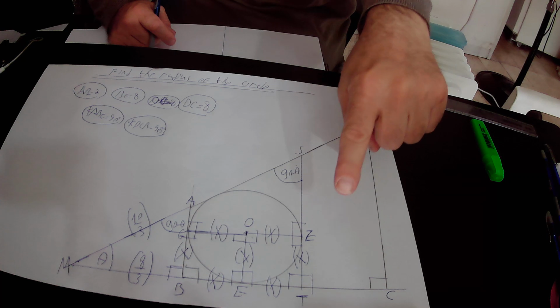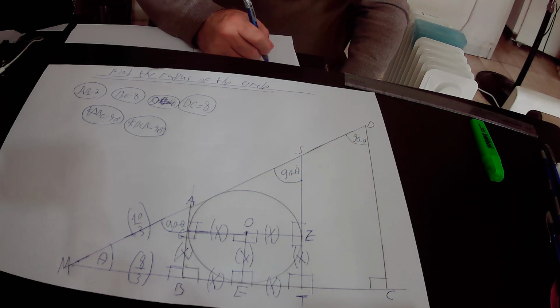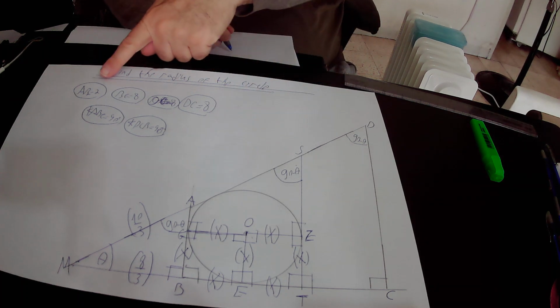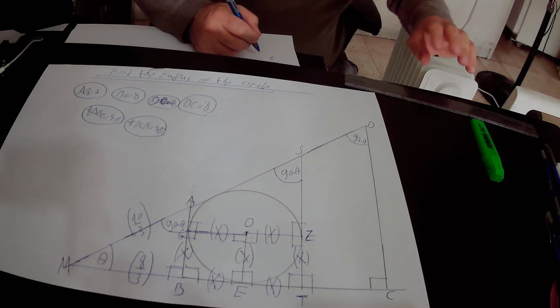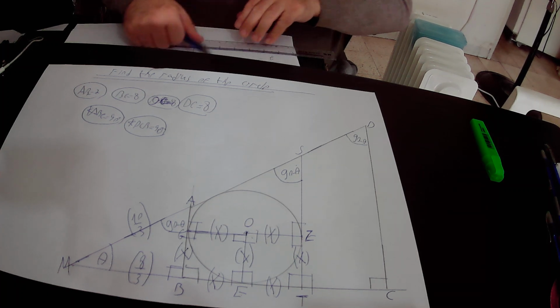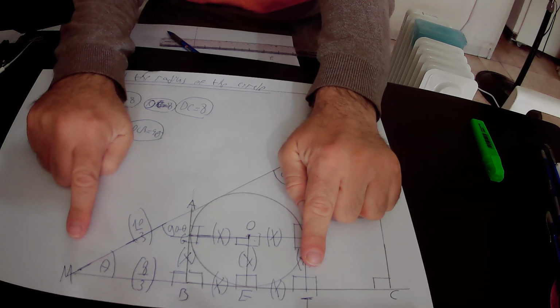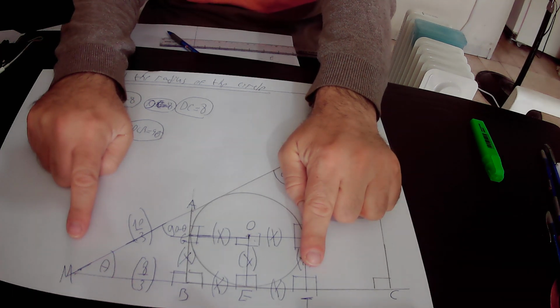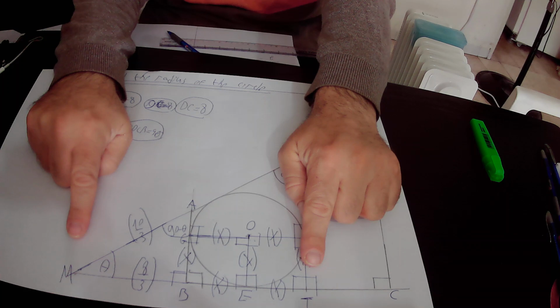ST is the missing side, so we leave it as it is, over AB. AB equals 2, therefore we substitute AB by 2. And it also equals TM. What is TM? TM in total equals TB plus BM. That is to say, TM equals TB, that is x plus x, that is 2x, plus BM, that is 8 over 3.